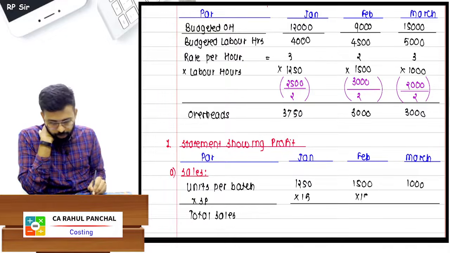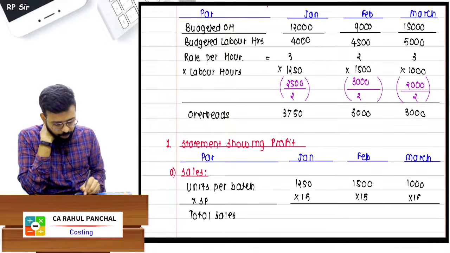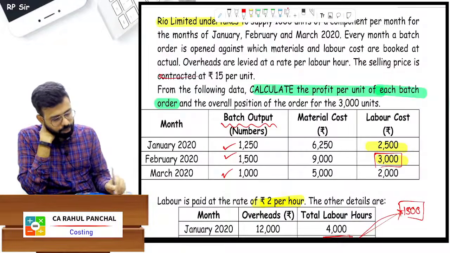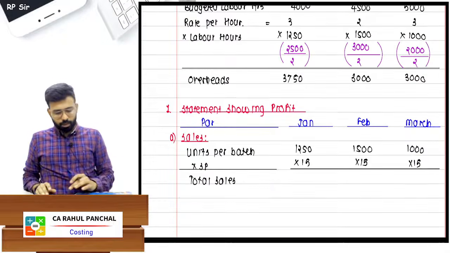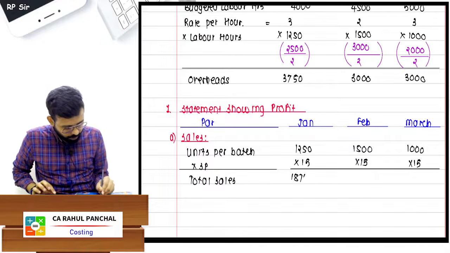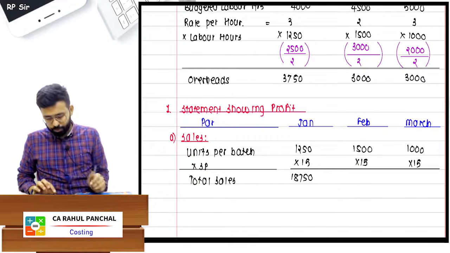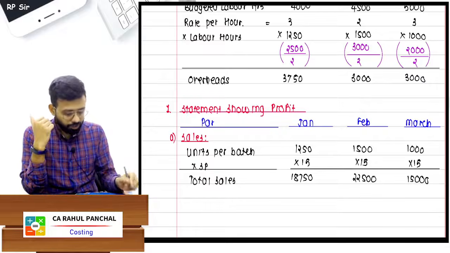The selling price was given in the question, the fifth line of the question, which can be seen contracted. The selling price contracted is 15. So you will get total sales that can be generated. 15 into 1250, 18750. 22,500. 1,000, 15,000. So this much sales value can be generated.